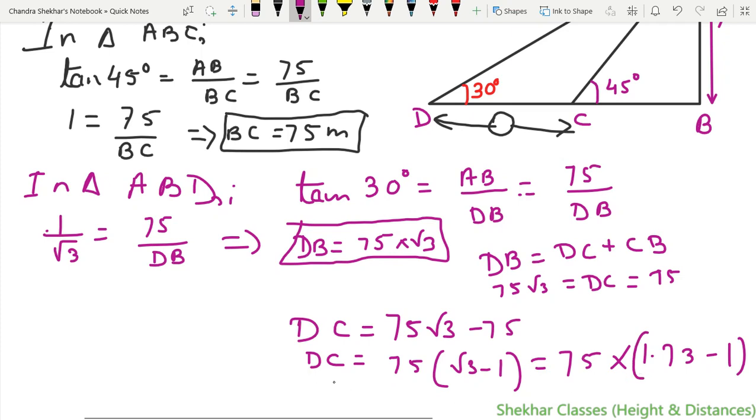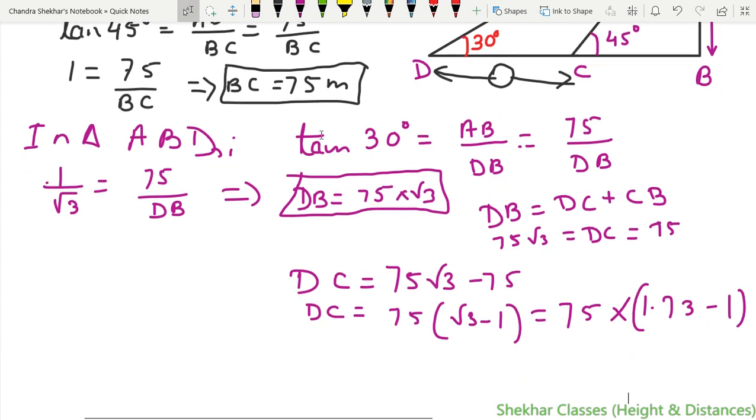So we can write furthermore that DC is equal to 75 into 0.73. Now if you multiply 75 into 0.73, let's see what we get. 54.75.